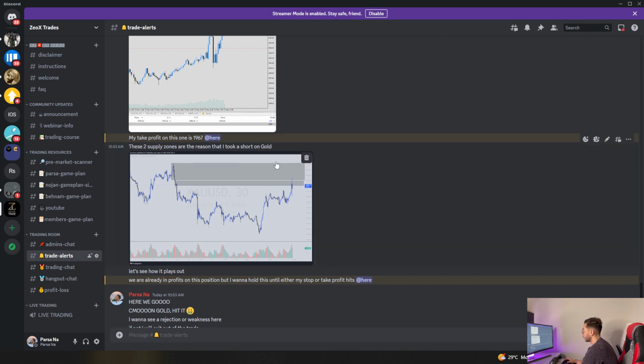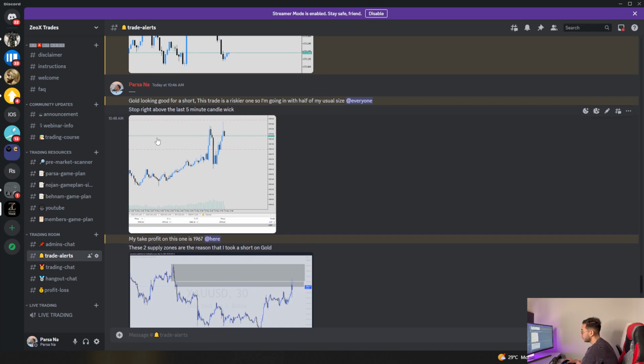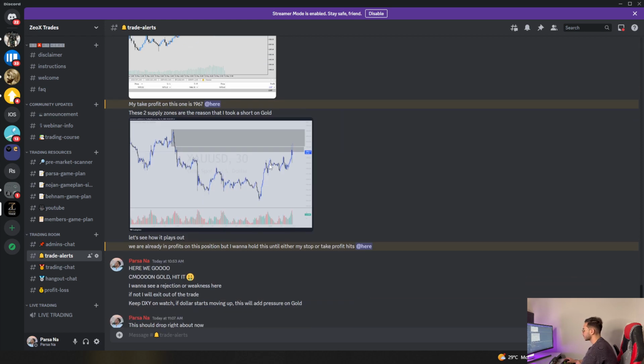The trade went in our favor eventually later in the day, but it stopped us out before that. But keep in mind, I mentioned that gold was looking good for a short, but this trade is a riskier one because I was not getting the best entry that I was looking for. So I said I'm going in with half of my usual size. This loss was very minor compared to what we made earlier on the pound Japanese.